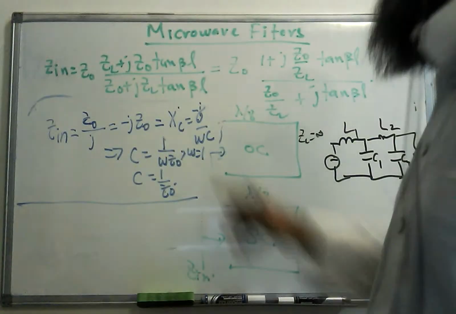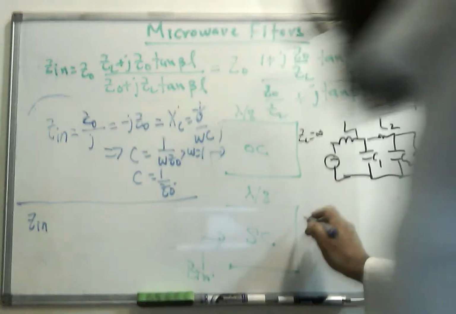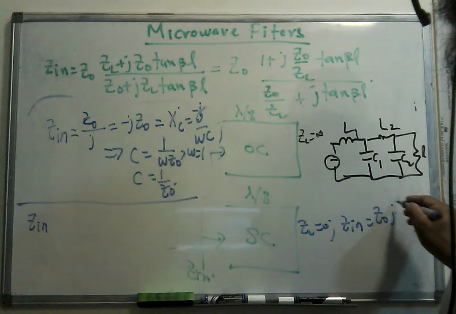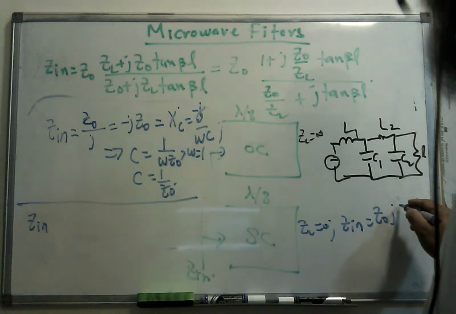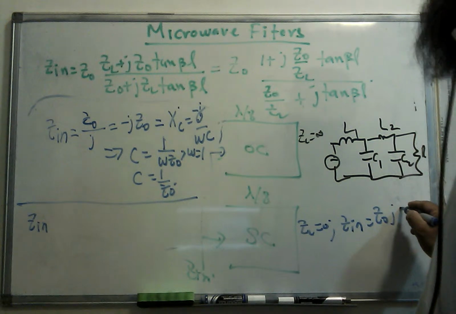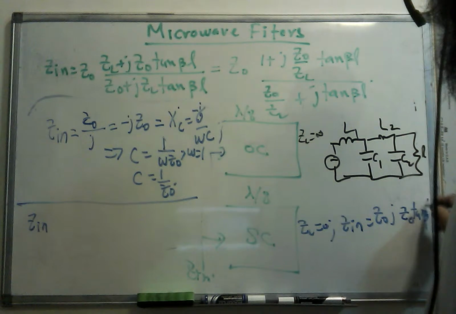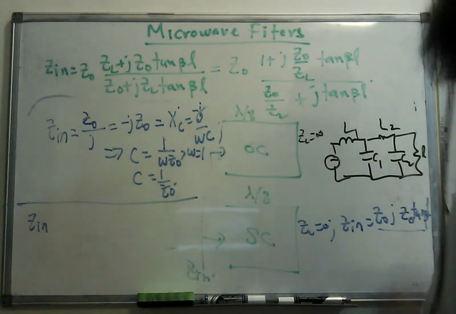Now for the short circuit, I can use the other, where ZL equal to 0, so j Z naught tan beta L divided by Z naught.